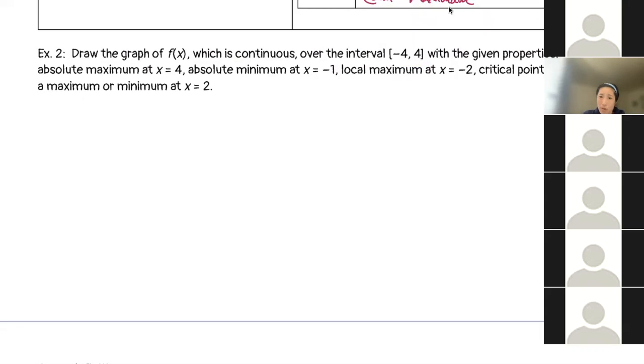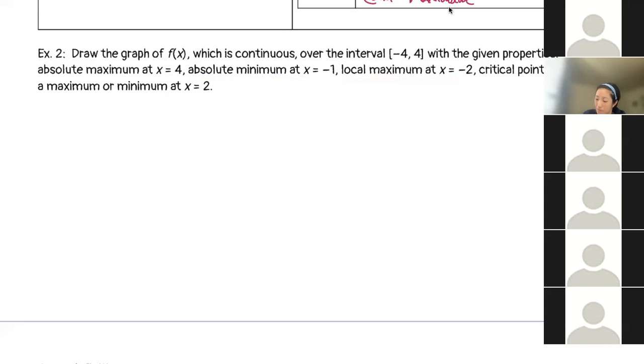I don't care about the whole graph. Let's just look at from -4 to 4. Okay. And I wanted to have the following properties: an absolute maximum at x equals 4, an absolute minimum at x equals -1, a local maximum at -2.